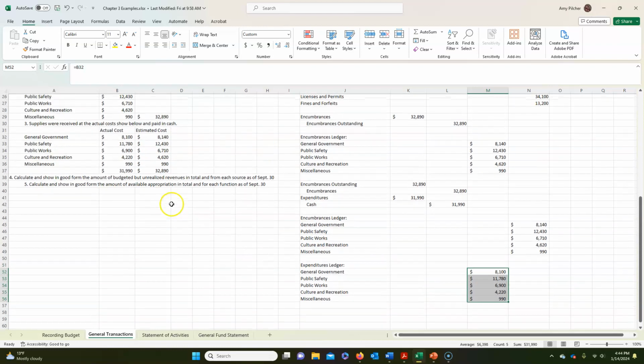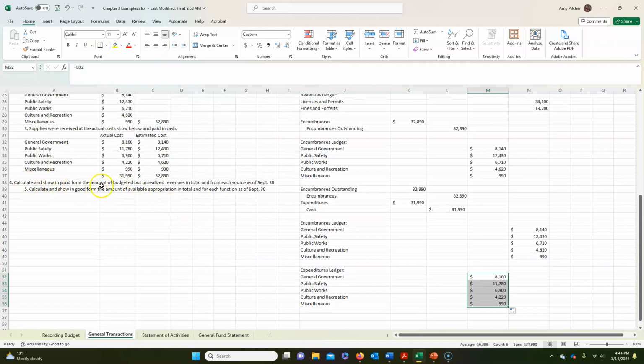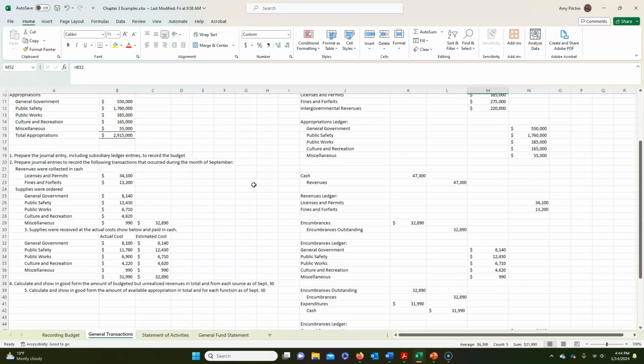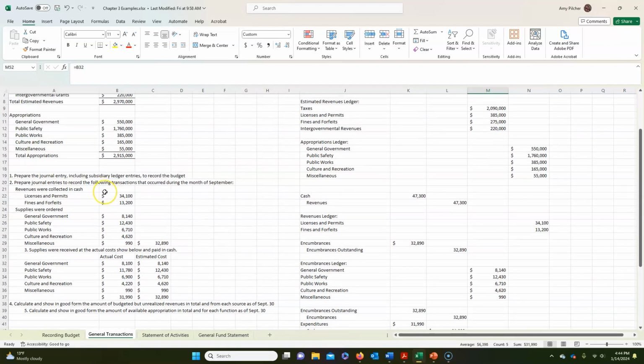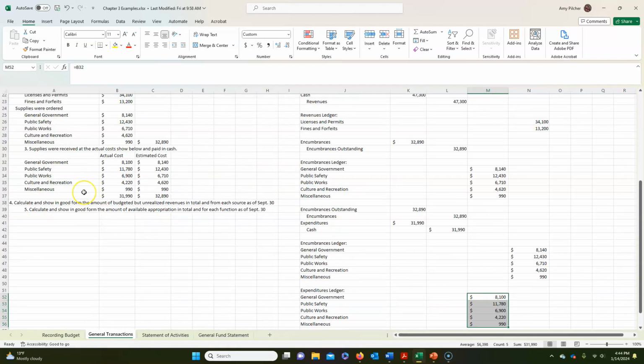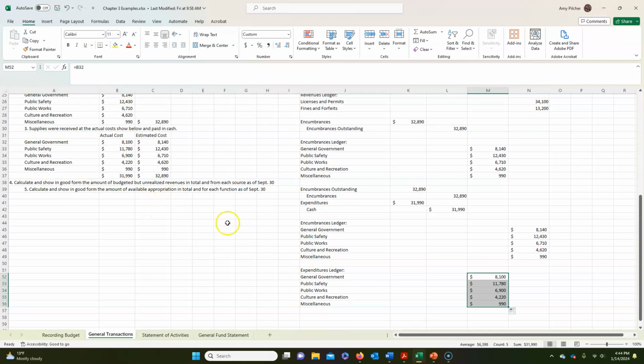Now we have: calculate and show in good form the amount of budgeted but unrealized revenues in total and from each source as of September 30th. So we don't actually have, I'm just going to give you those numbers. Okay.